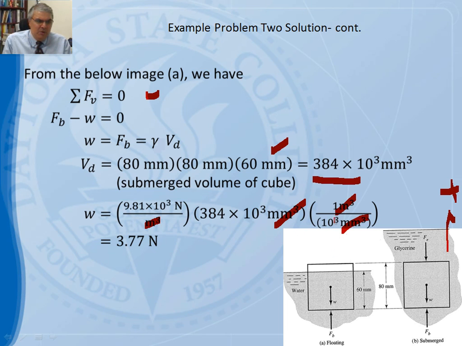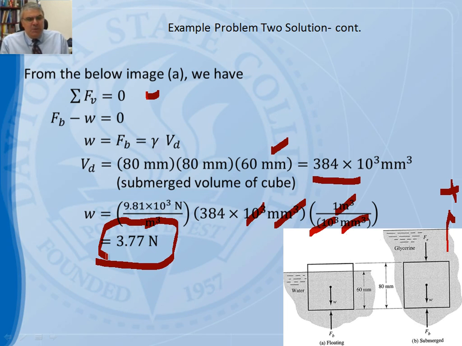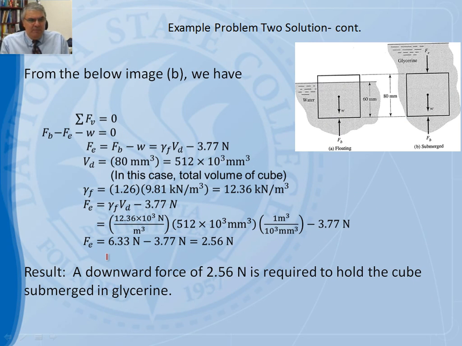Of course, we want to make sure that we do this right. This is 10 to the power 3 to the power 3, that's 10 to the power 9. So W would be 3.77 Newton as the weight of the object.